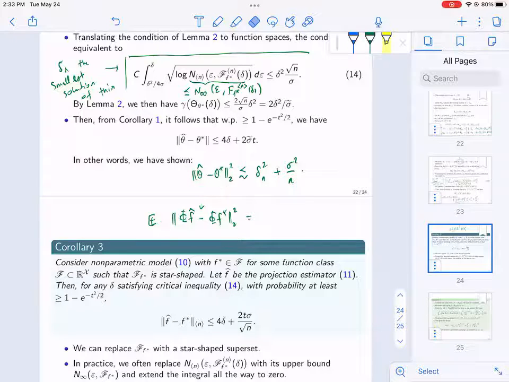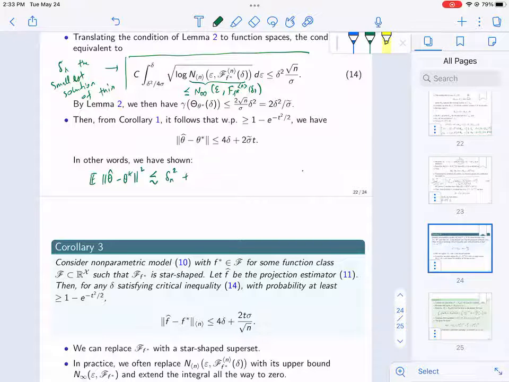So from this inequality, theta hat minus theta star squared is up to constants bounded by delta n squared plus sigma tilde squared, which is just delta n squared plus sigma squared over n. And this is phi of f hat minus phi of f star by definition, which is nothing but the empirical norm.